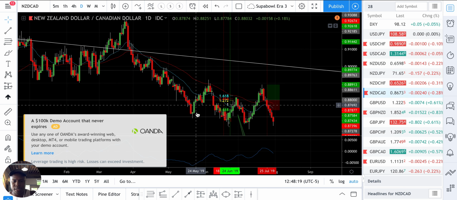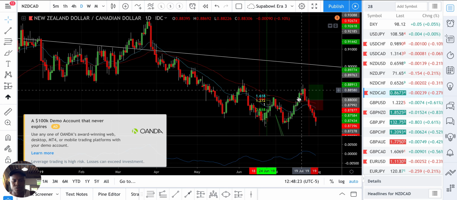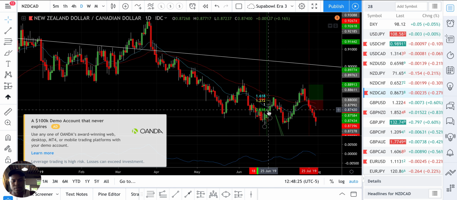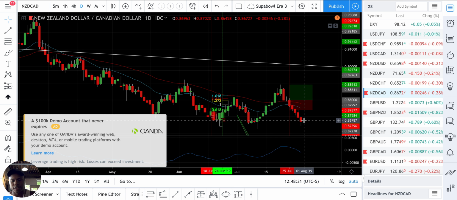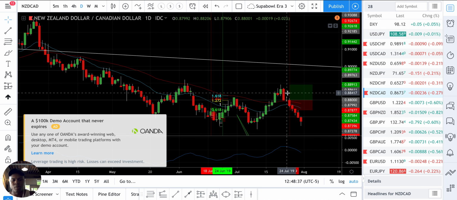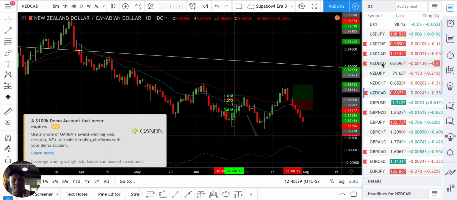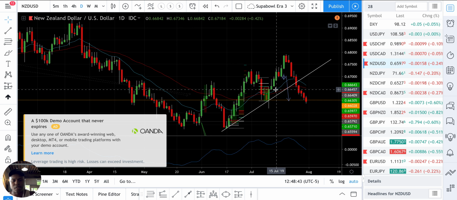But then if I go to CAD, I kind of see an exaggerated move to the upside, but I don't have the slant higher. I just have that we're flat right now. And so if we are flat and we end up creating a double bottom, that's nice and everything. We still got a higher high and we've got some momentum, but it's not as juicy as NZD USD.